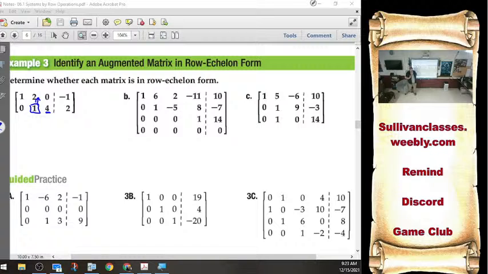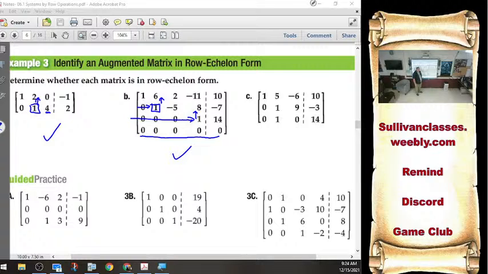You can't have the first non-zero number directly below a 0 that precedes the first non-zero number. This row, zeros, check. The first non-zero number, check. Cool, that's in row echelon form. Is the first one? Yeah, the first one is too. I just didn't put my check mark there, sorry.